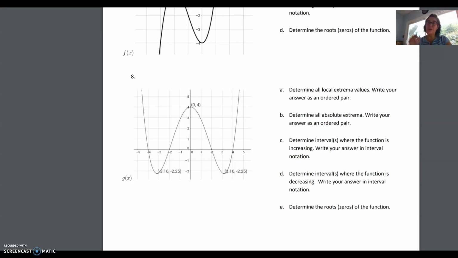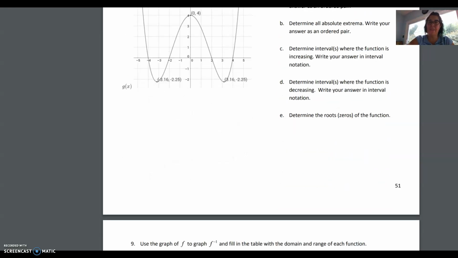For instance, we're increasing here from negative 3.16 till 0. Negative 3.16 and 0 are not included. The point that you start the increase and the point that ends it in either direction are not included, because those points are actually absolute min or absolute max. The function is not increasing or decreasing at that point. So be careful about that.